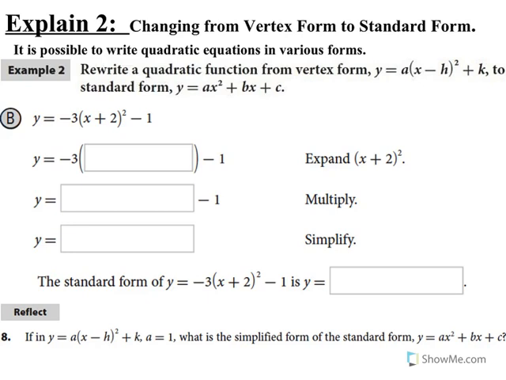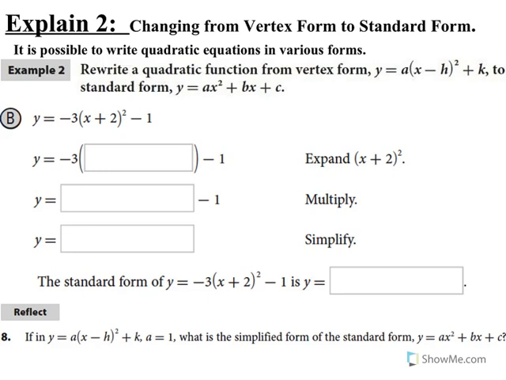Right. So then example 2, change from vertex form to standard form. It is possible to write a quadratic equation in various forms. Rewrite the quadratic function from vertex form y equal to a times the quantity of x minus h quantity squared plus k to standard form y equal to ax squared plus bx plus c.